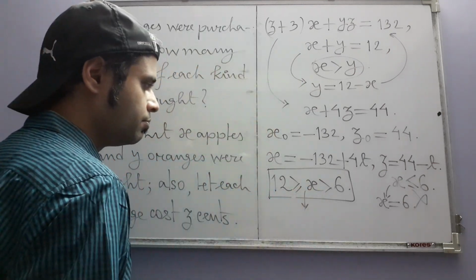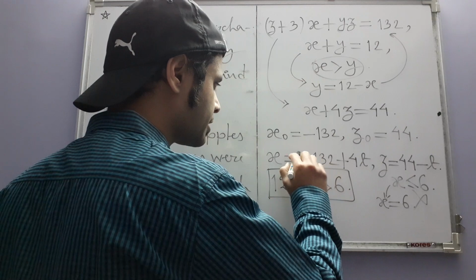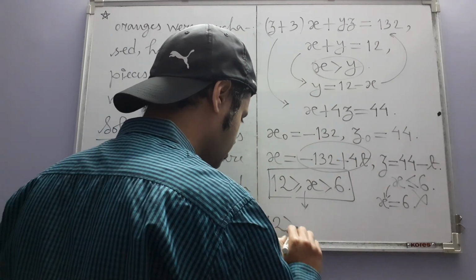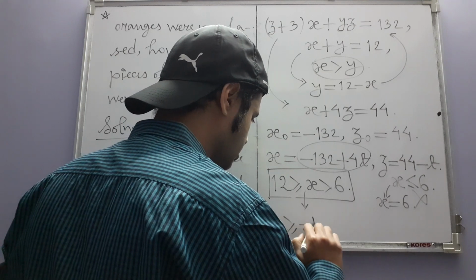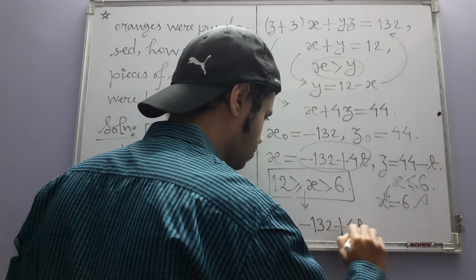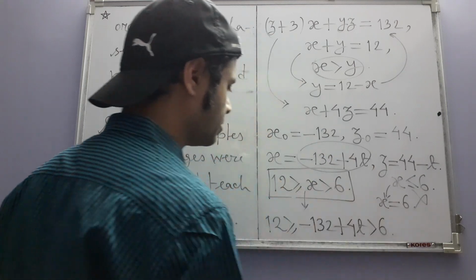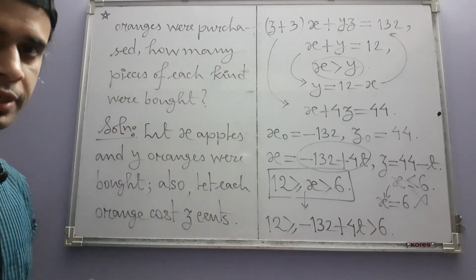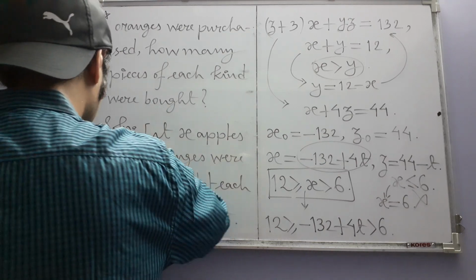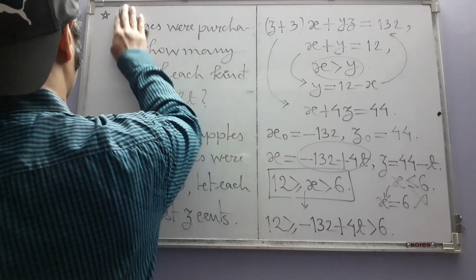Then what we do, we use this expression for x in these inequalities. That means we write this plus 4t greater than 6, and they lead to again two inequalities that t has to satisfy.